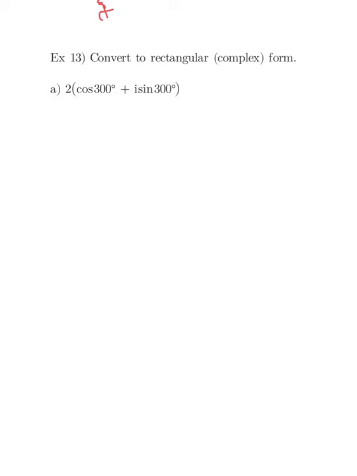So we keep the 2 out front. In our parentheses, the cosine of 300 degrees is 1/2. So we're going to replace cosine of 300 with 1/2 plus i times the sine of 300 degrees, which is negative square root of 3 over 2.